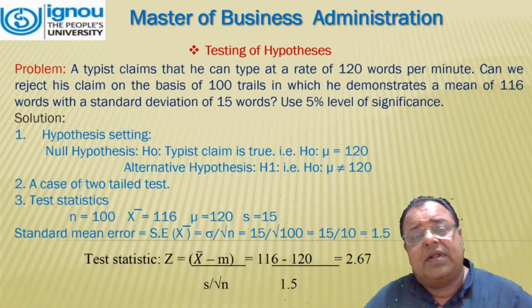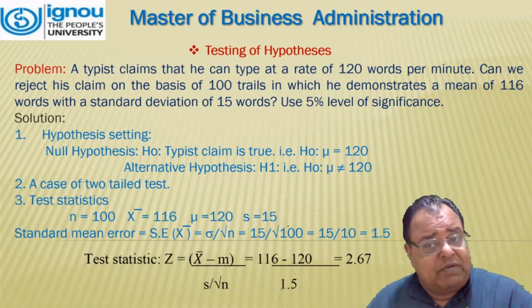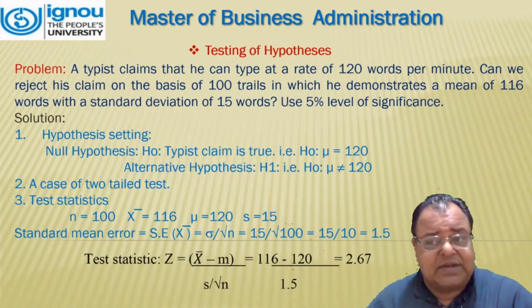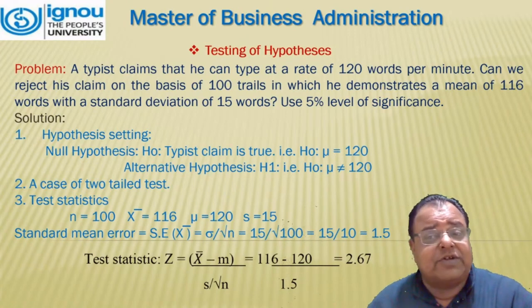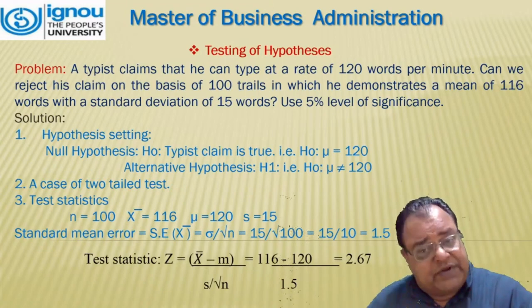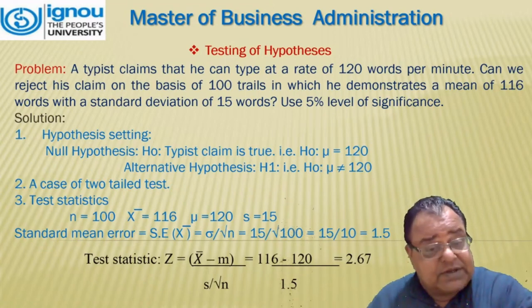The typist claims that he can type at a rate of 120. After taking 100 trials, we found that the mean shifted to 116 words with a standard deviation of 15 words. Mathematically, how will we write the hypothesis setting?